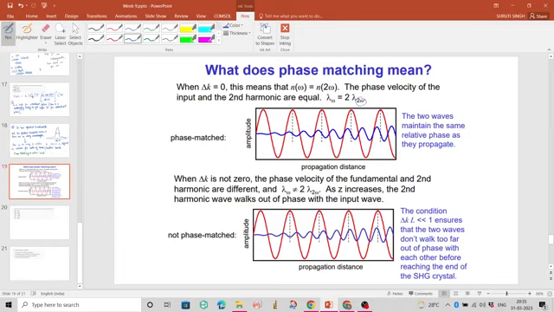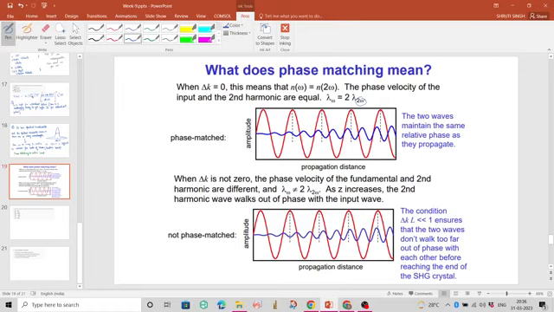Even if the amplitude is not constant, we still have the fundamental and the second harmonic. They are relatively at the same phase at all points of time and distance. So the two waves maintain the same relative phase as they propagate.